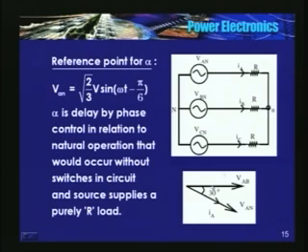What this sentence means is, I have three-phase voltages, the load is purely resistive, and alpha is the instant where IA cuts the zero axis and becomes positive. That is the reference point. I'll repeat. The reference point for alpha is when in this circuit IA becomes 0 and goes positive.